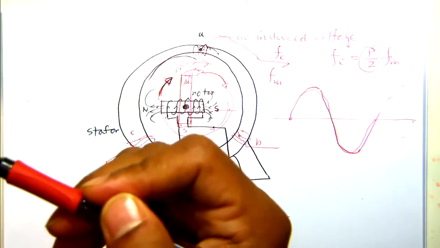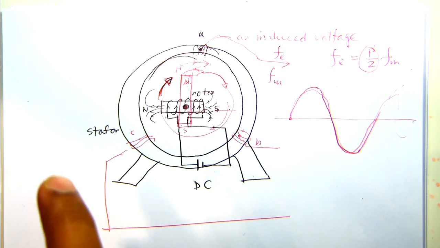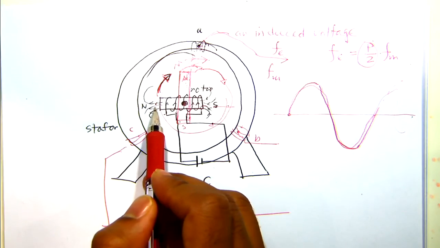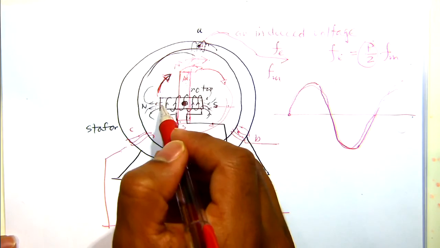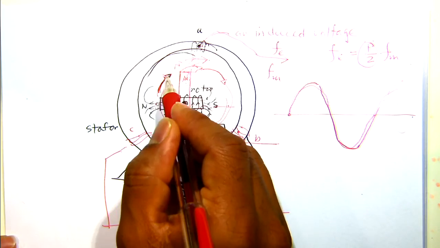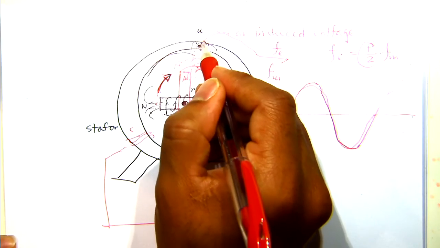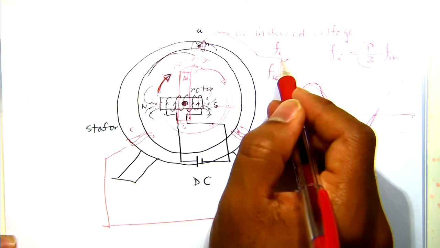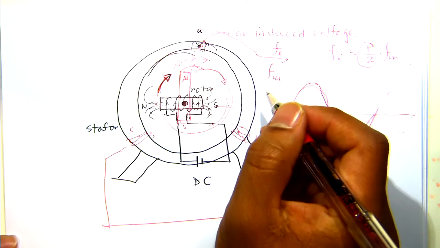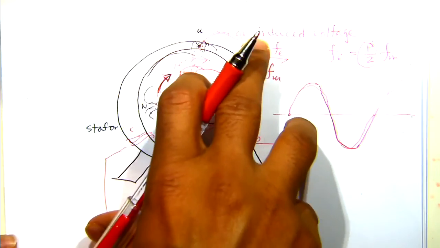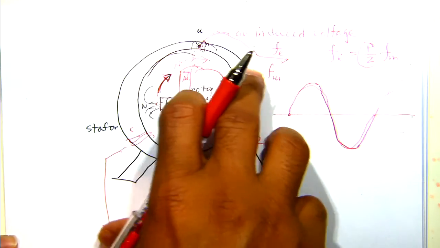Your rotor is already supplied by a DC source, so that is already creating a magnetic field. When this magnetic field is moving and there is a conductor, you get the induced voltage from these conductors. So this is the mechanism of power generation from a synchronous machine.